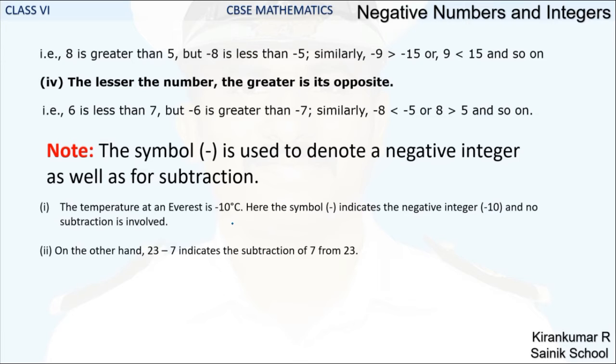On the other hand, 23 minus 7 indicates that 7 is subtracted from 23. So remember, this symbol is the indication of a negative integer as well as subtraction. In the first case, we have the indication of a negative integer. In the second case, we have subtraction.